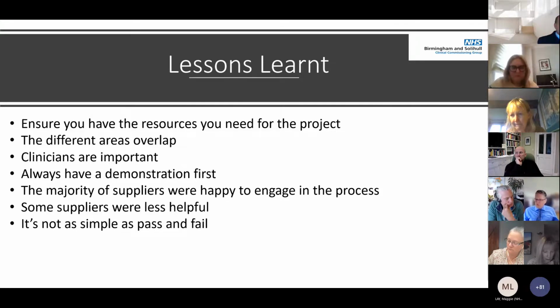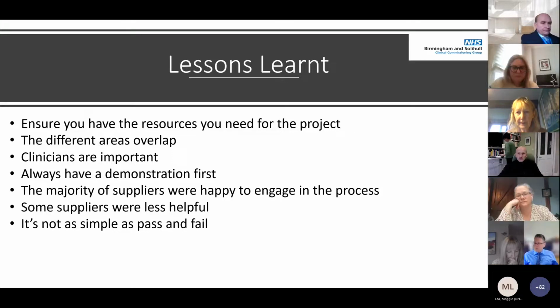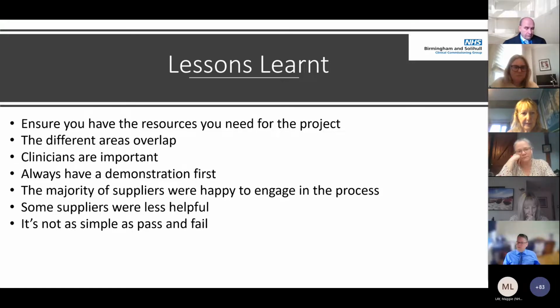We're not out to punish or target suppliers who aren't good enough. What we really want is to work with these suppliers to ensure that the products we have are as safe as they can be, and we understand the risks, and therefore can bring all that together in the safest possible way.